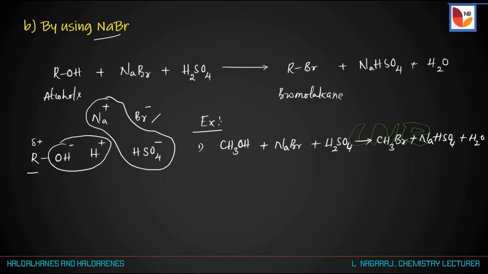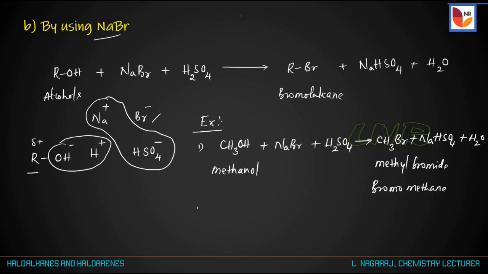That is methanol to be converted into methyl bromide, or it is also to be called as bromomethane. So methyl bromide is the common name of CH3Br, and bromomethane is the IUPAC name of the CH3Br.